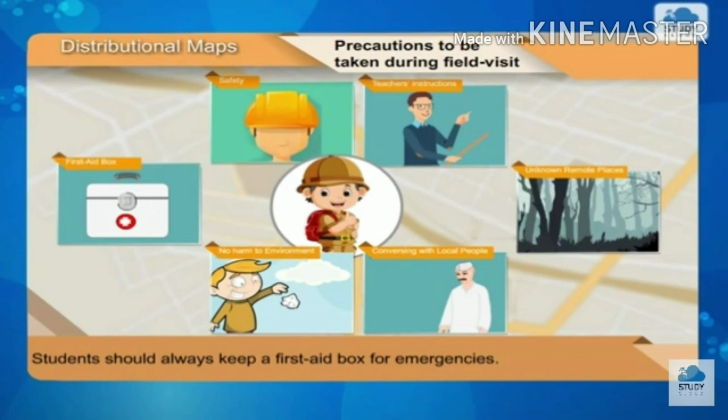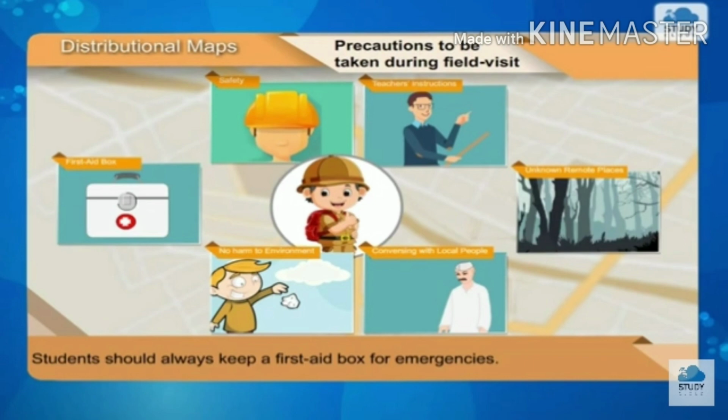Precautions to be taken during field visit. It is very necessary and important to ensure the safety of ourselves during the field visit. Firstly, you should obey the instructions given by the teacher. Second, you should not go to unknown remote places alone.